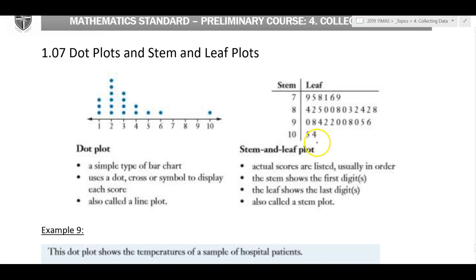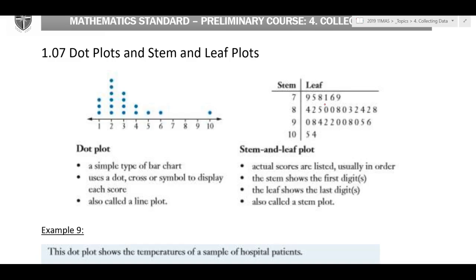This will be 105 and 104. So there is a slight efficiency in not writing this 7 all of these different times. Other than that, it's just a list of your scores. You can sort of interpret it as a column graph turned on its side.